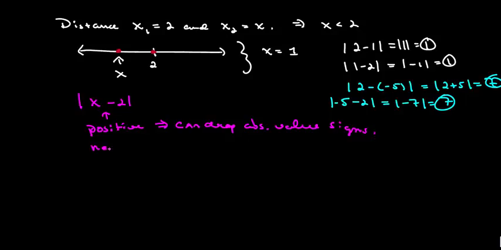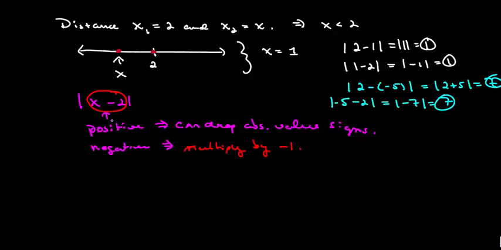If it's negative, we can't just drop the absolute value sign. We need to make the inside piece the opposite of what it is. And so what we do is we multiply by negative 1. Okay, that's the trick.